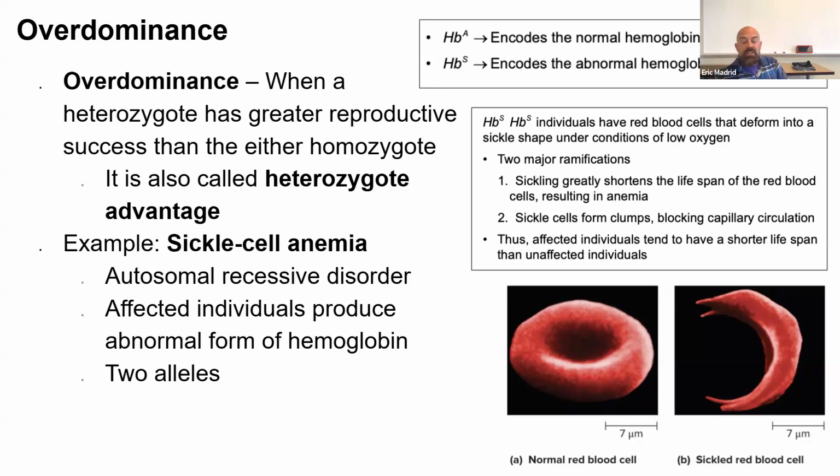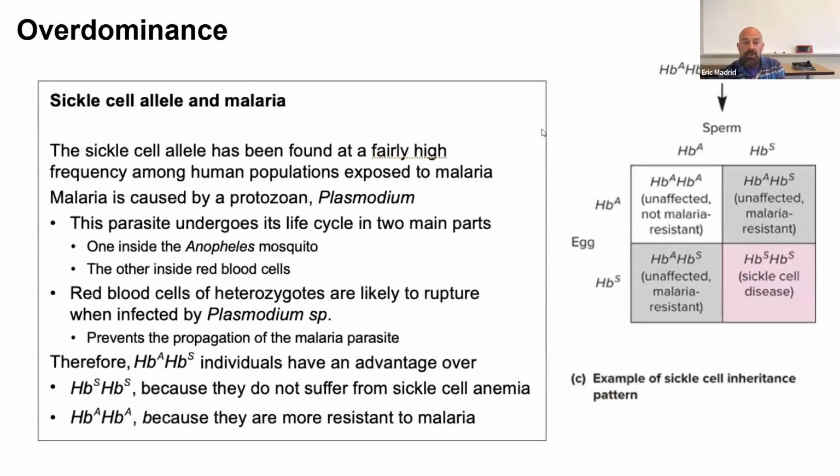And so an example with this is sickle cell anemia. If you have sickle cell anemia, it's going to shorten your lifespan. Your red blood cells do not work as well. They cannot carry oxygen as well, and it results from being homozygous recessive. But if you are heterozygous for the condition, you're actually going to end up being more resistant to malaria.